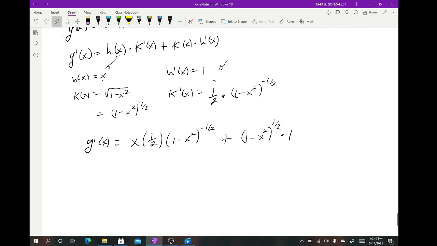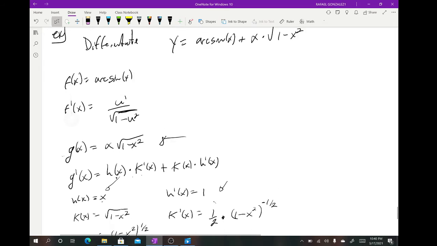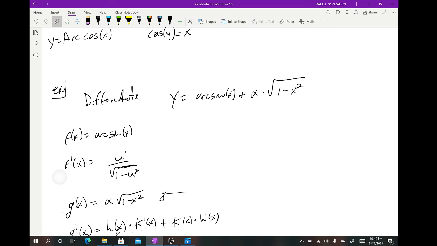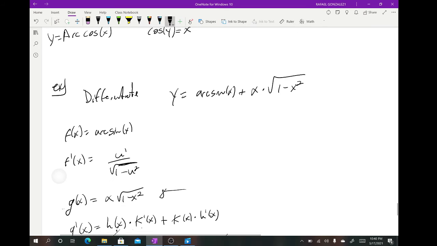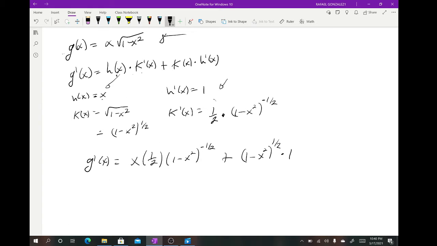I'm not going to simplify this too much. I'm going to keep it like that. Am I missing something? Oh yeah, I'm missing something. Whoa, let's be careful here. I have to use the chain rule on the inside.